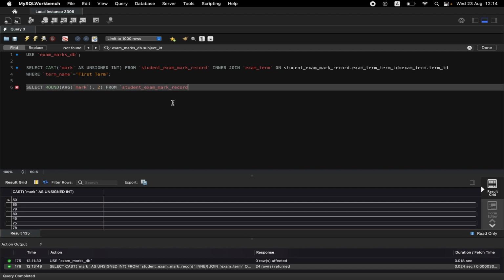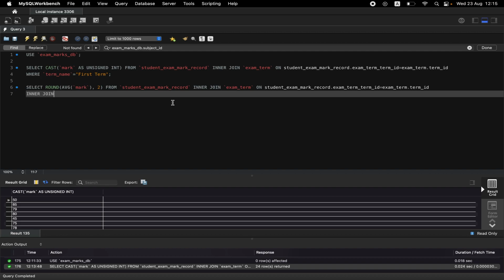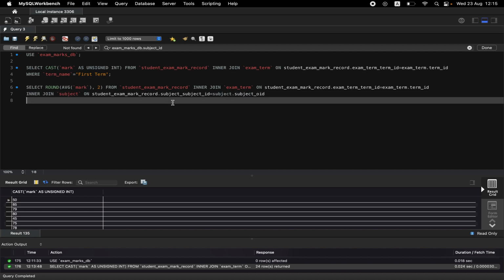From student exam mark record inner join exam term on student exam mark record dot exam term id equals exam term table term id, and inner join subject table on student exam mark record dot subject id equals subject table subject id, where term name is first term and subject name is mathematics.